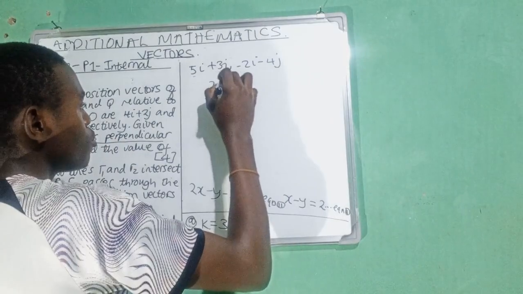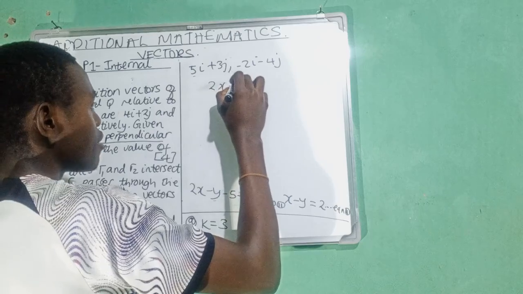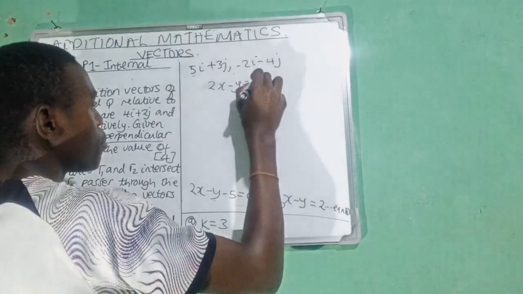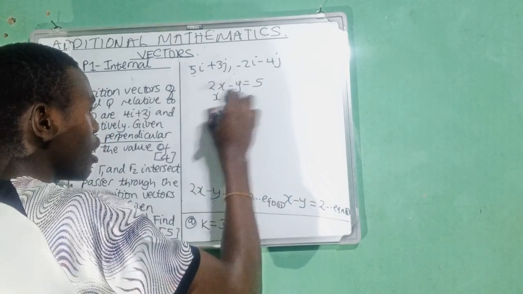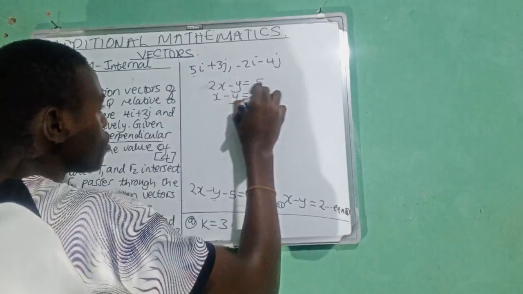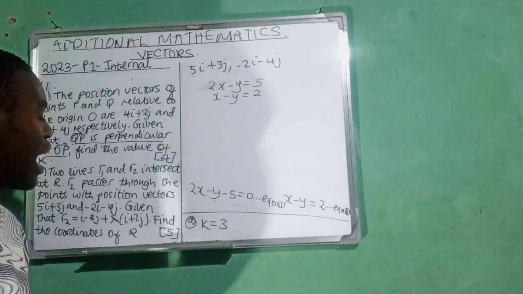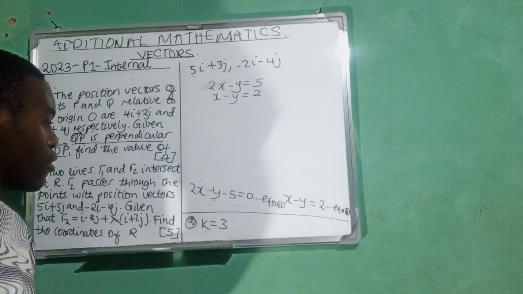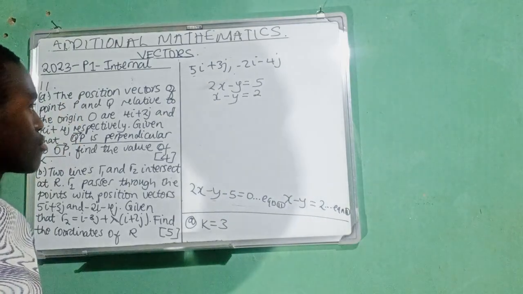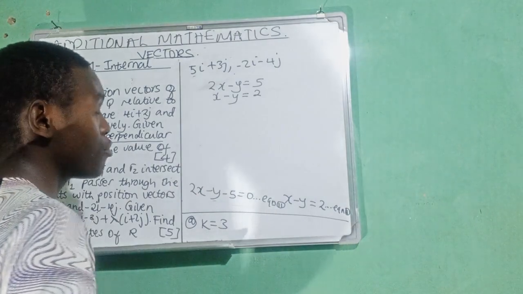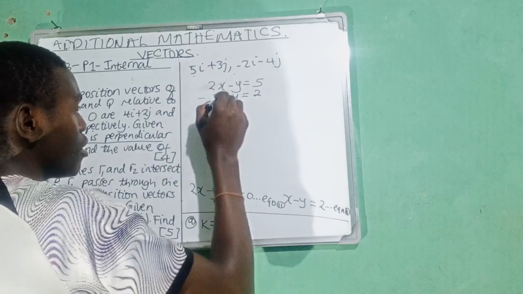So we have 2x minus y is equal to positive 5, I've taken the 5 the other side, and then x minus y is equal to positive 2. In this particular case, I'm just simply going to subtract, because they have a negative sign.